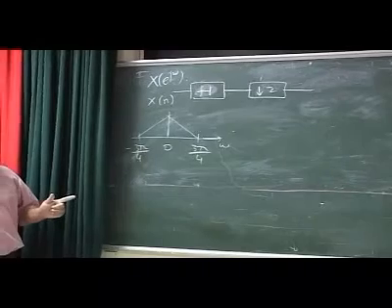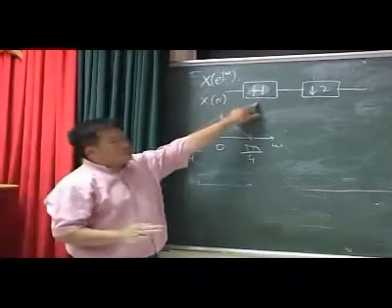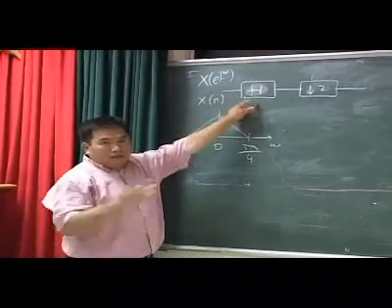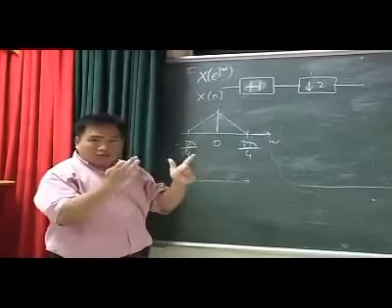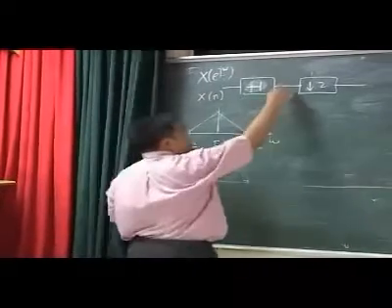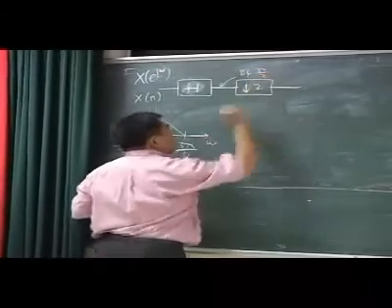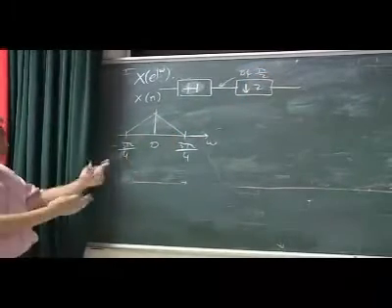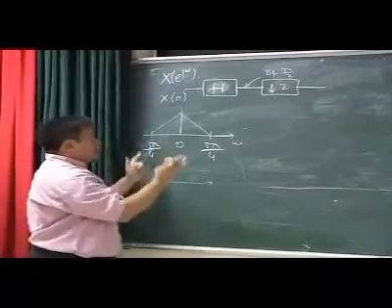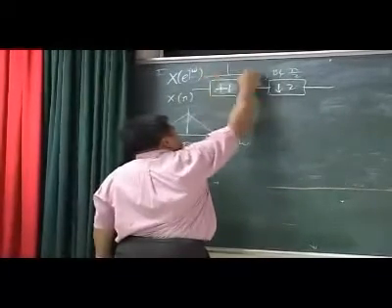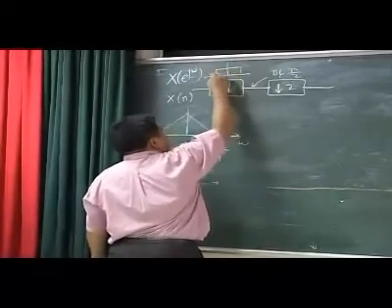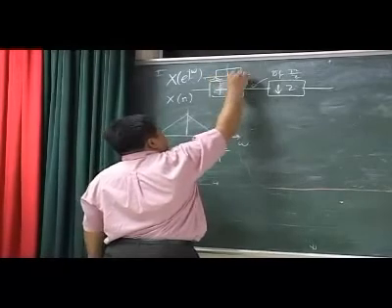Is that clear? What does that filter look like? That would be a low pass filter of pi by 2, right? Because I know that this has to be band limited to pi by 2. This is not. So my filter has to be somewhat of an ideal low pass filter of pi by 2.